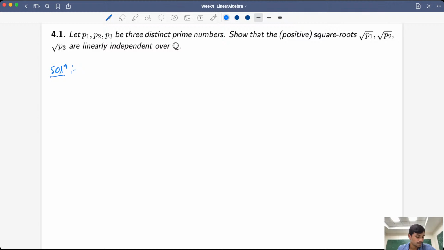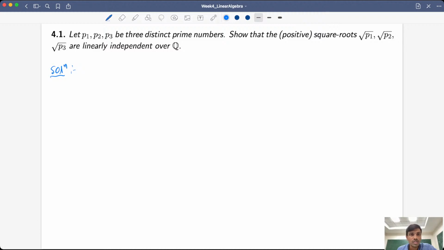You are given three distinct prime numbers, and I need to show that their square roots are linearly independent over the field Q. They are irrational numbers, and we are considering everything as a vector space over Q, whatever, like R or C.